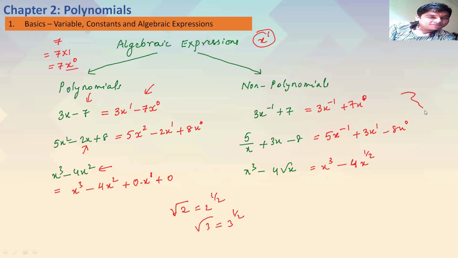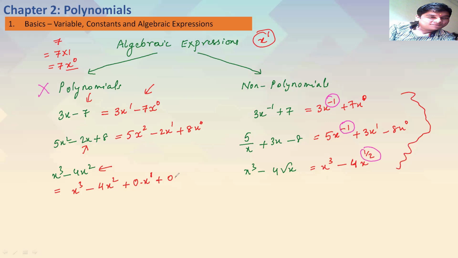So these are very weird. They have negative powers and they have fractional powers, right? There's a power minus 1 here, and there's a power 1 by 2 here. These are not allowed in polynomials.